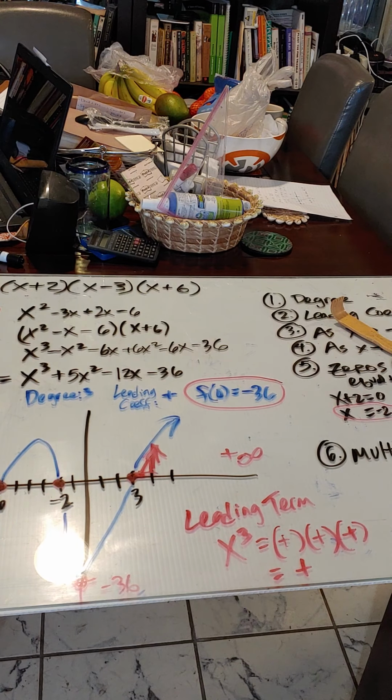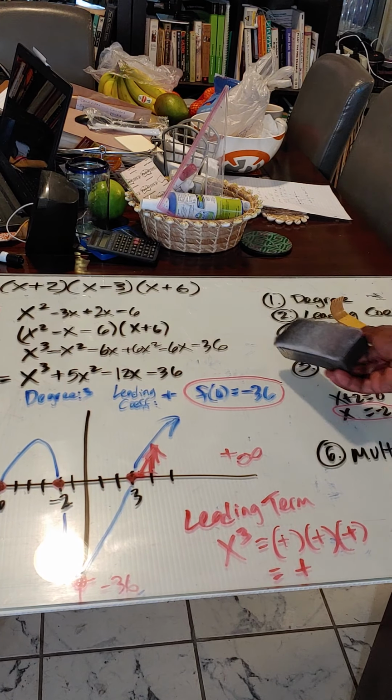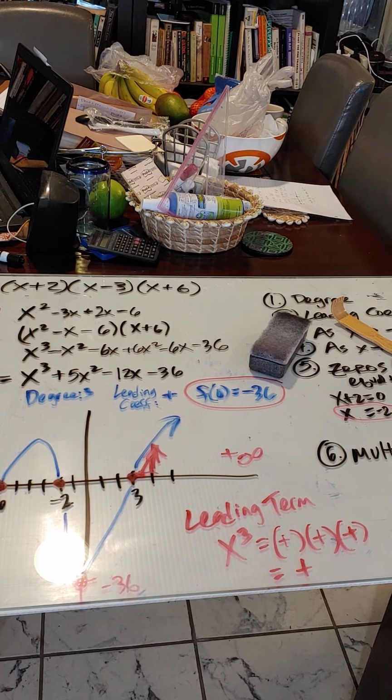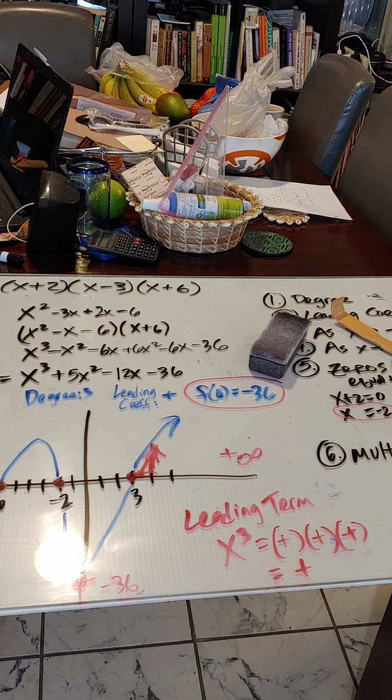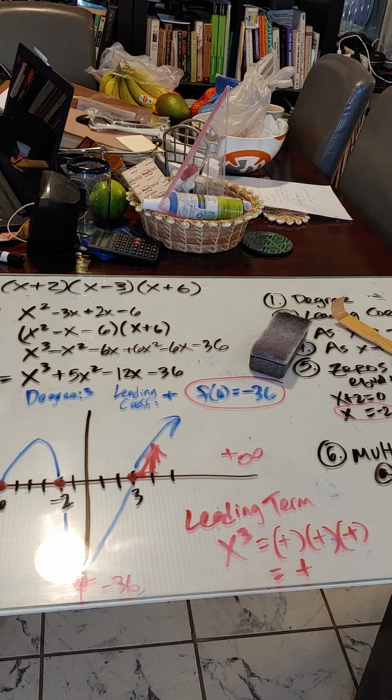All right. Multiplicity of the zero at 3. It basically refers to how many factors we have. We have 3 factors, that's true.